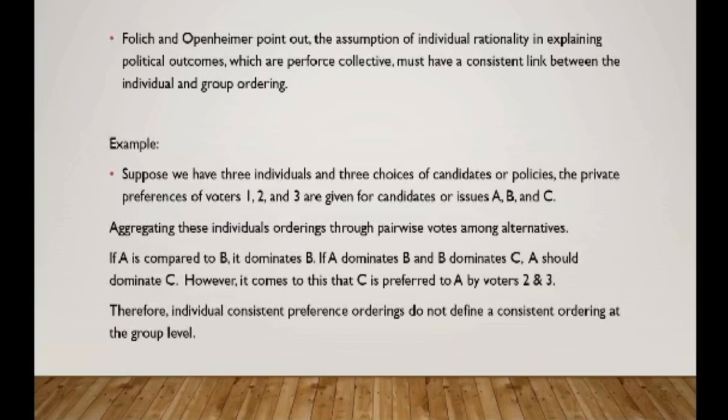The private preferences of voters 1, 2, and 3 are given for candidates or issues A, B, and C. Aggregating these individuals' orderings through pairwise votes among alternatives, if A is compared to B, it dominates B. And if A dominates B and B dominates C, A should dominate C, obviously. However, it turns out that C is preferred to A by voters 2 and 3. Therefore, individual consistent preference orderings do not define a consistent ordering at the group level.